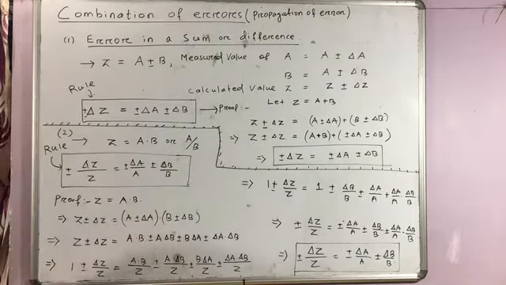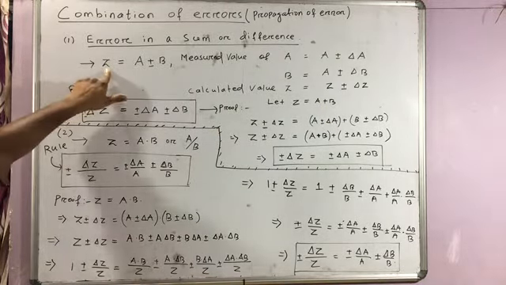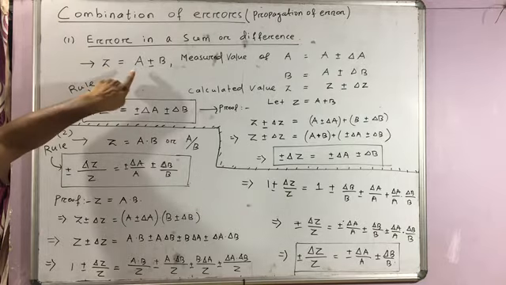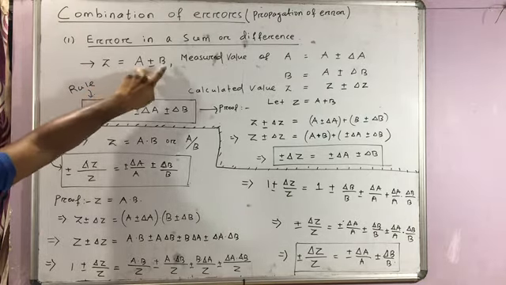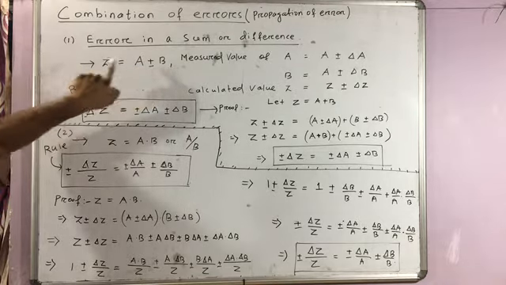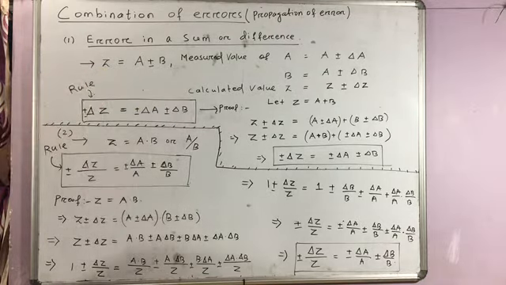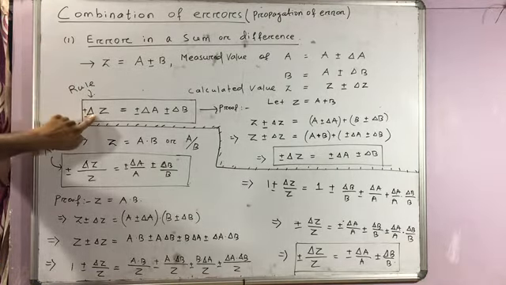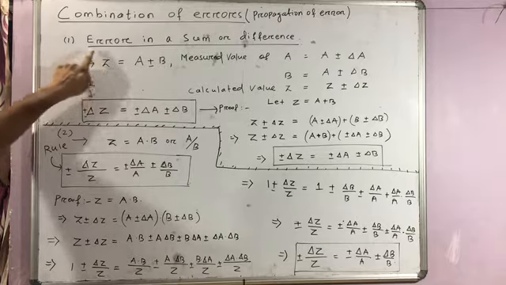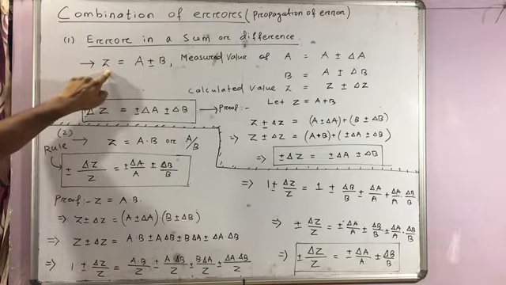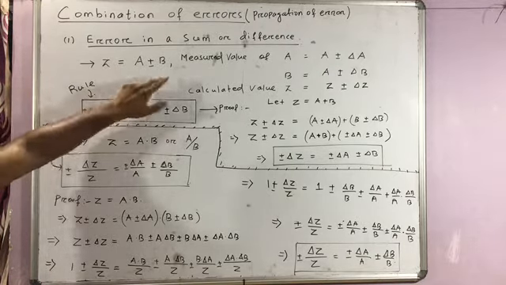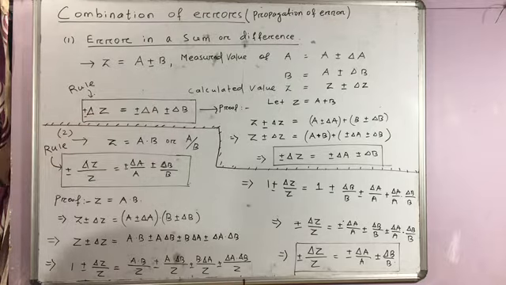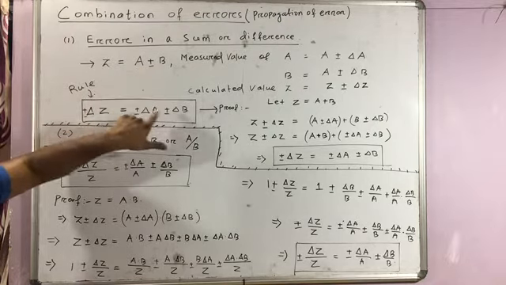So your rule number 1 is suggesting, if a physical quantity can be found out by adding two other measured physical quantities, or their difference gives you this quantity, then the rule is suggesting the entire absolute error in this calculated value Z is nothing but the sum of the absolute errors in the measured quantities.